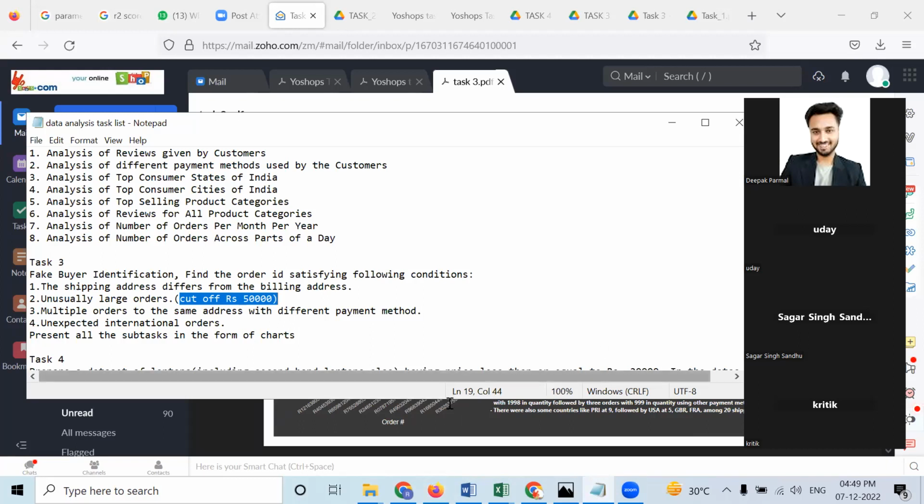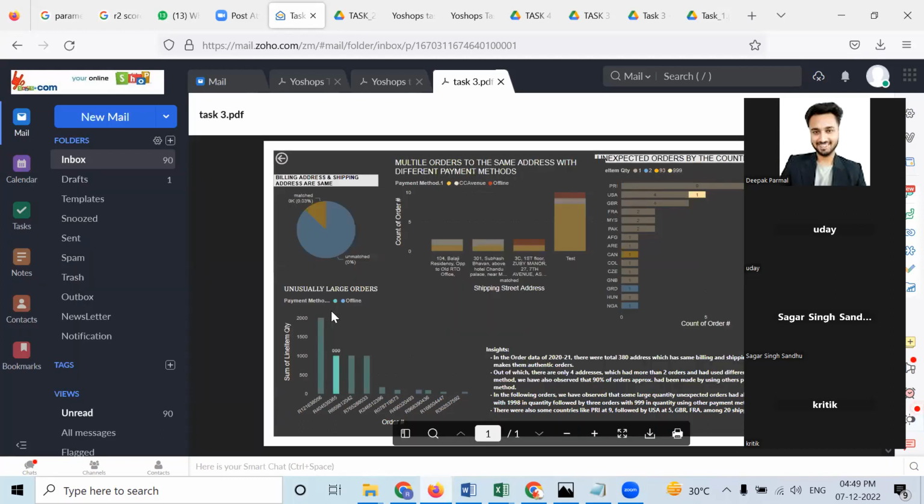That means I'm telling you about the price only. At a time, a person is purchasing something of high price. We have to filter out those orders only. Okay, you understood my point? Instead of sum of line quantity, take the price, the total, whatever is there regarding a particular order.